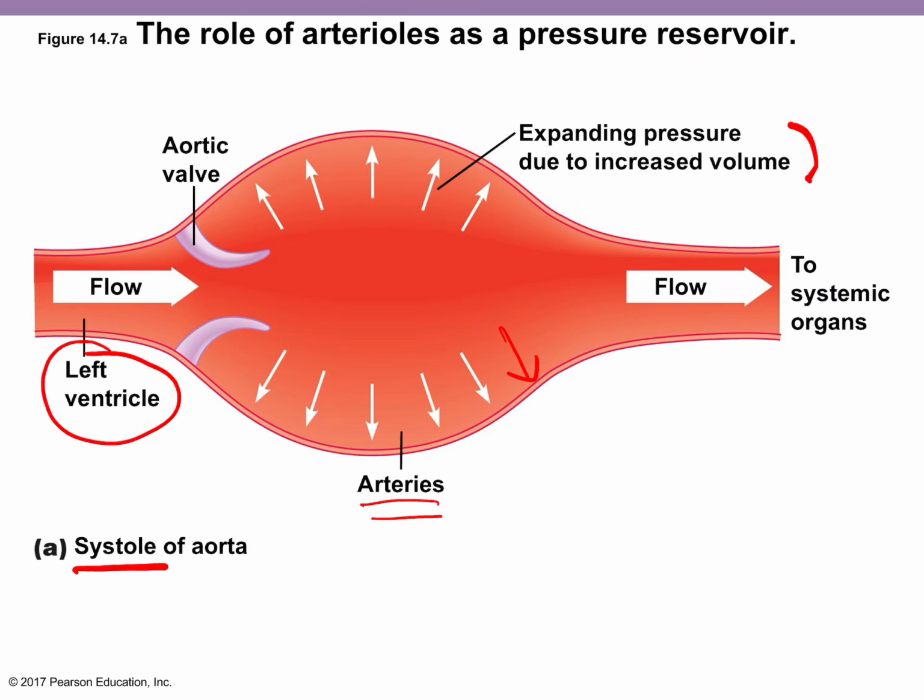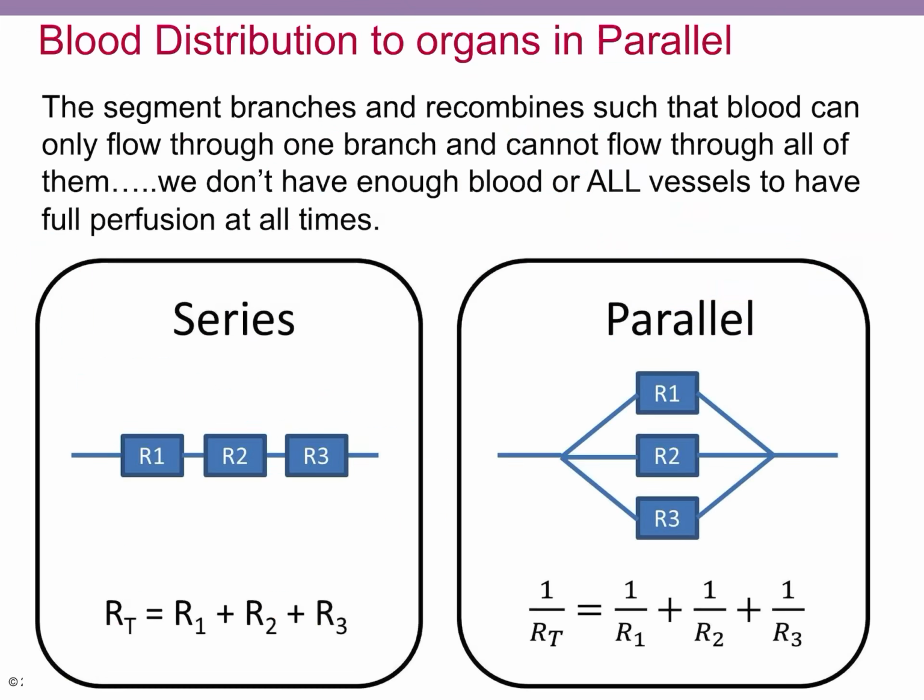Veins are more compliant than arteries because veins are thinner walled. If you compare the compliance of the two different vessels, arteries are not as compliant as veins. Veins are thinner and they can stretch more. But that's what compliance means: you get a change in volume with that change in pressure.